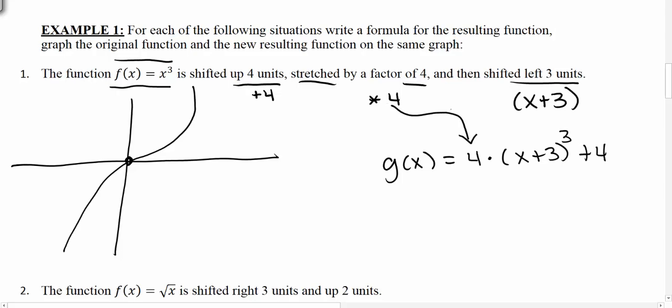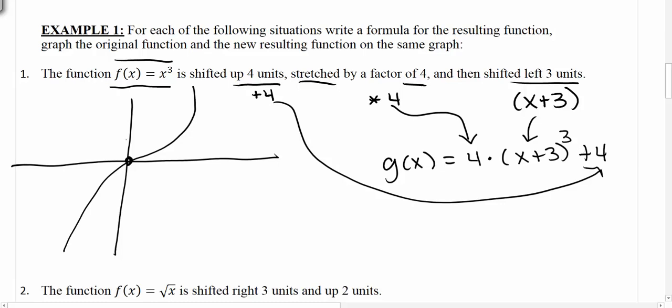So the 4 out front stretches it by a factor of 4. The plus 3 in the argument is what's going to shift it left 3 units. And the plus 4 at the end is what's going to move it up. So since I'm going to go up 4 units, 1, 2, 3, 4, I can think about what happens to this 0, 0 point. And then I'm going to go left 3 units, 1, 2, 3.